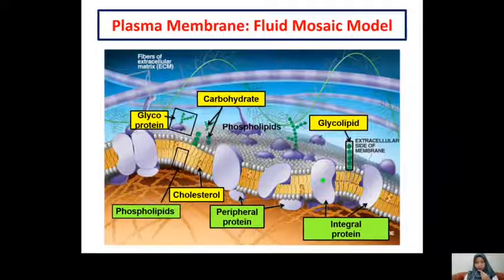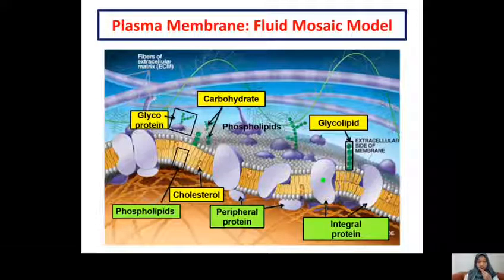Globular protein we can further divide into integral protein and peripheral protein. Integral protein is fully embedded in the phospholipid bilayer. However, peripheral protein is not embedded in the phospholipid bilayer. Other than that, we have carbohydrates, the green structure here, and also cholesterol. Cholesterol is embedded in the phospholipid bilayer.